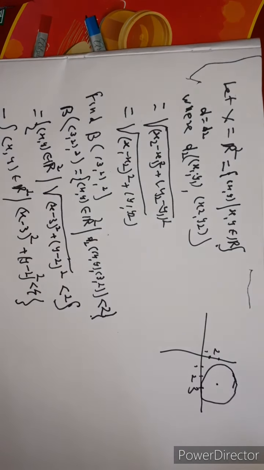This is the open ball. Actually, this is the interior of the circle having radius 2 and center at the point (3, 2). And this is why this set in a metric space is called an open ball, because the open ball in R2 or R3 is actually the ball we observe.